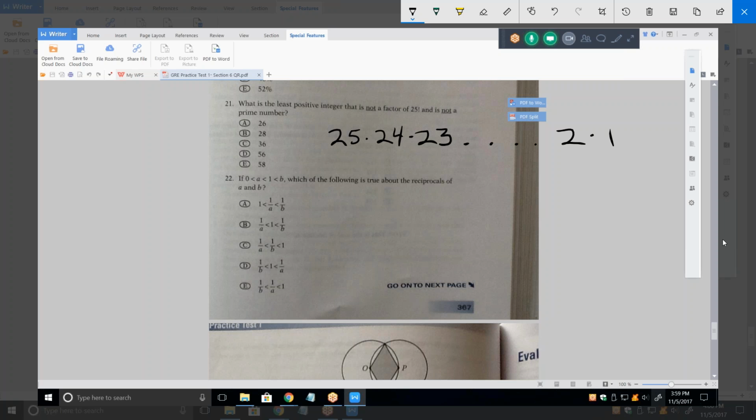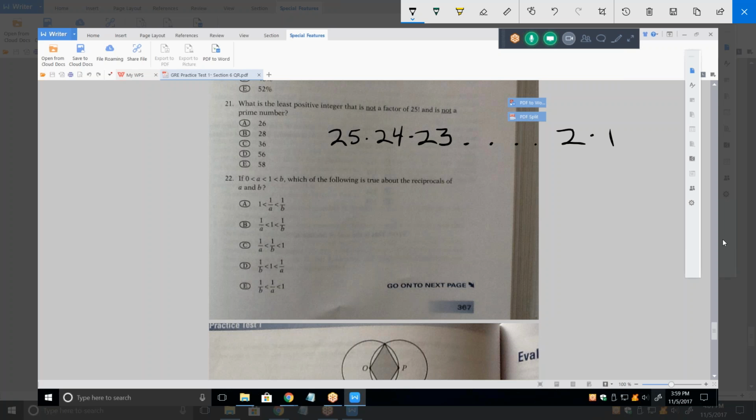Wait a minute. The least positive that is not a factor of 25 and is not a prime number? Right. So we can immediately see that all their answers are not prime numbers. We don't need to care about that. Okay. So all we're looking for are numbers that are not factors of 25 factorial.